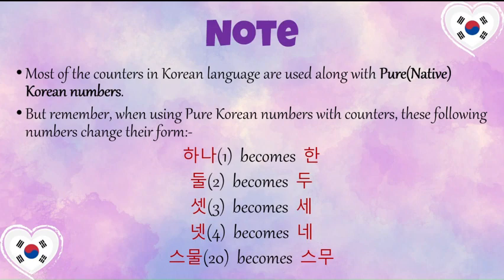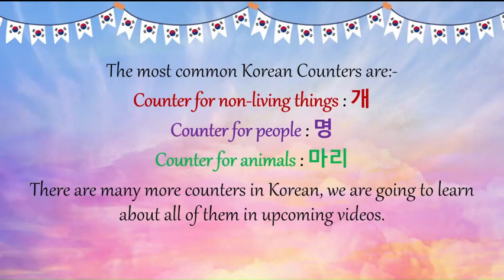Now, the most common Korean counters are Khae, Myeong, and Mari. Khae is the counter for non-living things, Myeong is the counter for people, and Mari is the counter for animals. These are the most common counters. Now there are many counters in the Korean language, but don't worry, we are going to learn all of them in the upcoming videos.